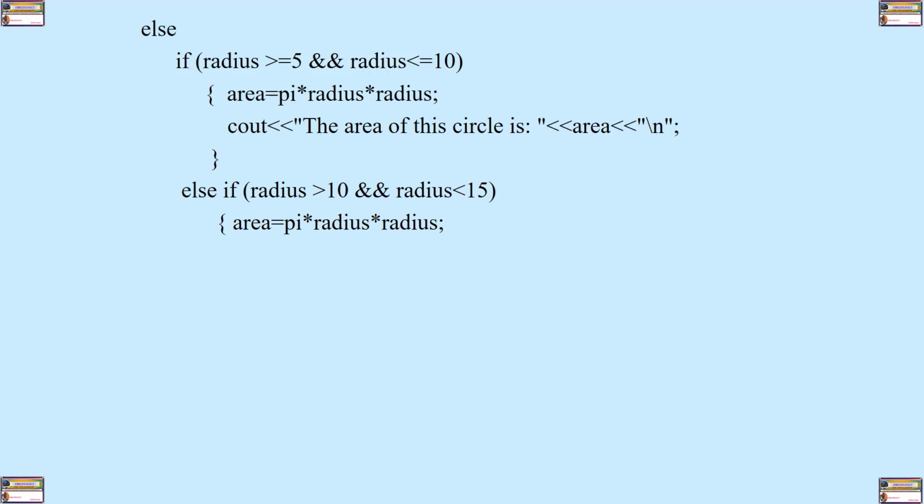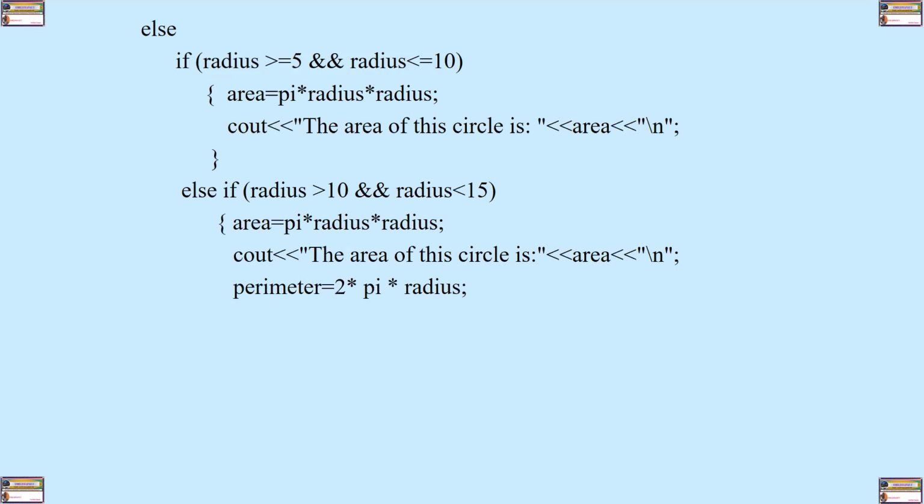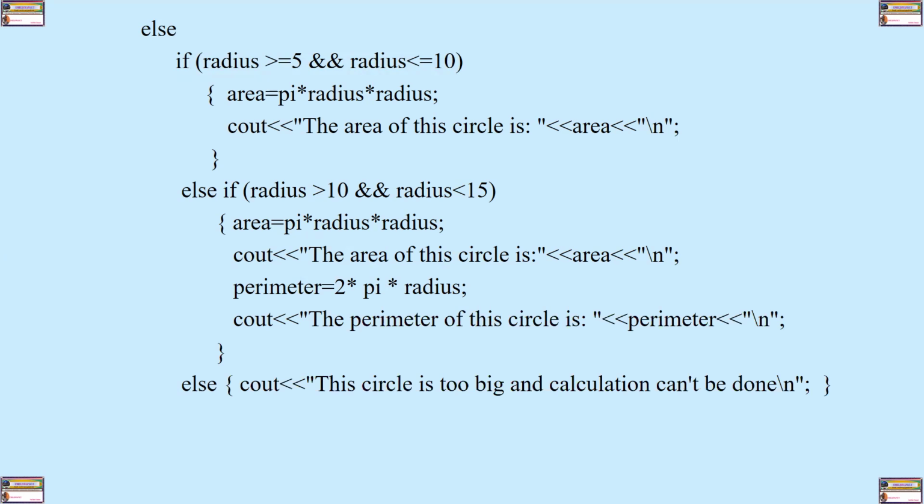If yes, calculate the area, display area on the screen, compute perimeter, and display perimeter as follows, and end the program. Otherwise, display the message, this circle is too big and the calculation can't be done.